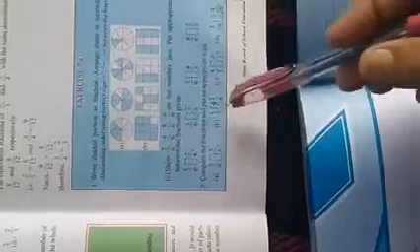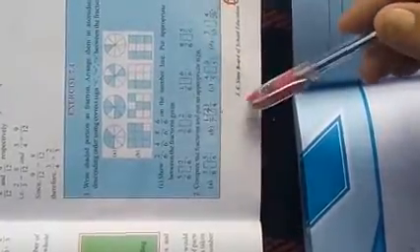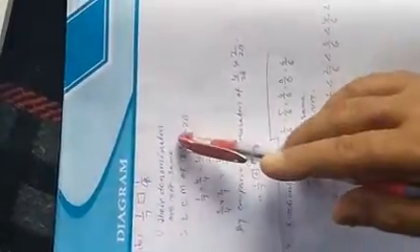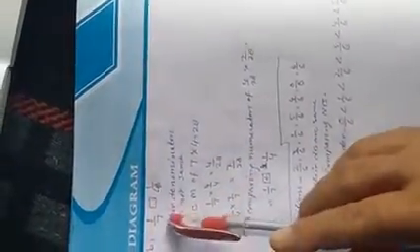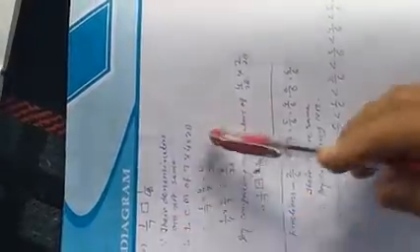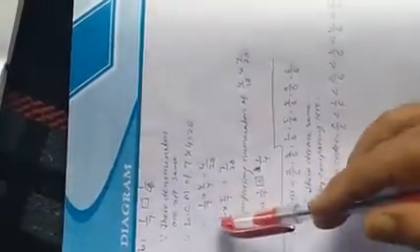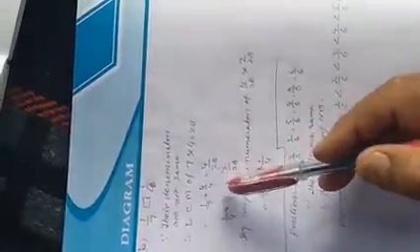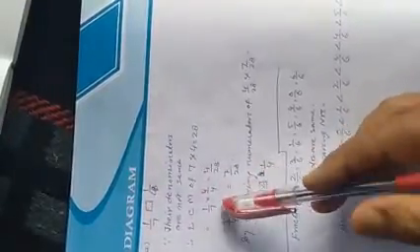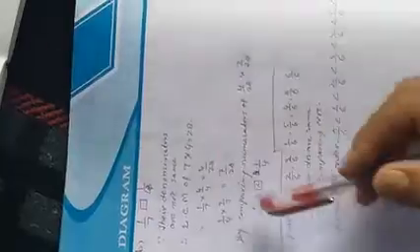Now part B of question 2 is 1 by 7, 1 by 4. Since their denominators are not same, therefore LCM of 7 and 4 is 28, which implies 1 by 7 into 4 by 4 is equal to 4 ones are 4, 4 sevens are 28.